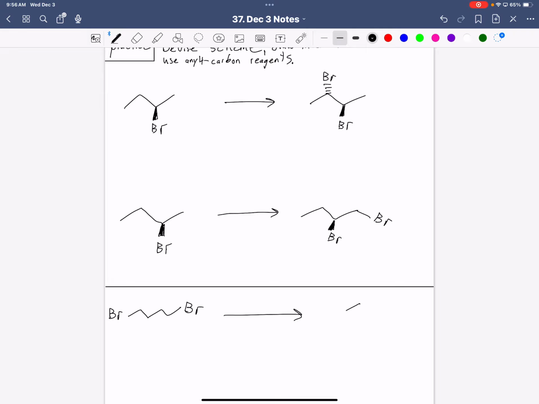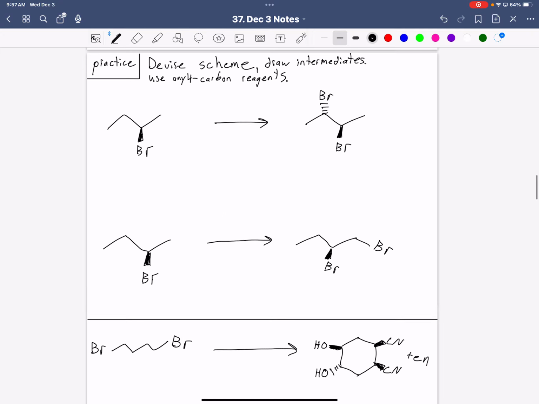Use reagents. I know that's saying like, when you have the alkane we can add stuff to it. So one side. Yeah.